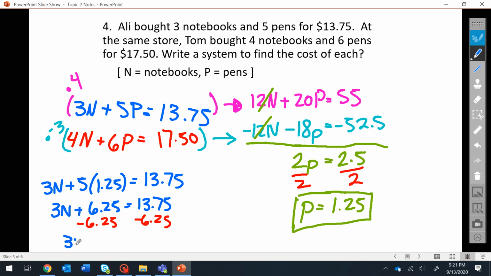So 3n equals 13.75 minus 6.25, which is 7.5. And then I'm running out of room a bit, so let me move it over here.